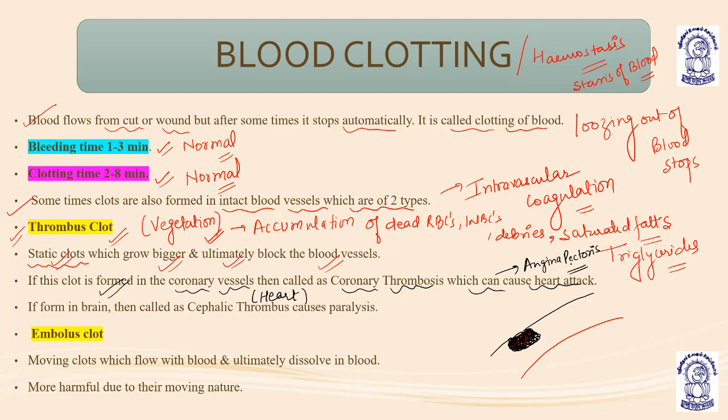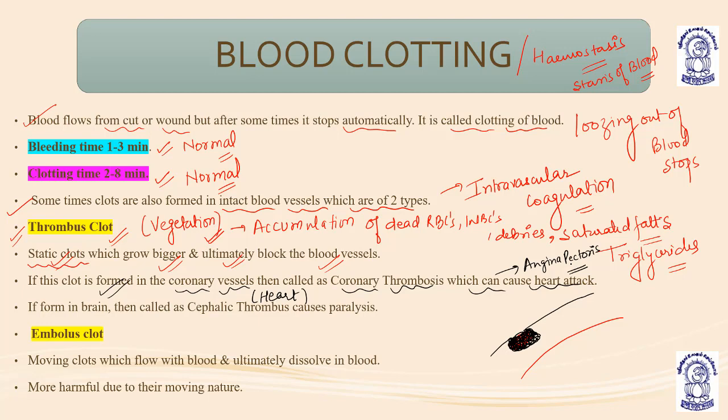which will lead to non-supply of blood to the walls of the heart. Blood needs to be constantly supplied to the walls of the heart for its regular and rhythmic contraction and relaxation, because the heart walls need to contract and relax very fast and continuously.